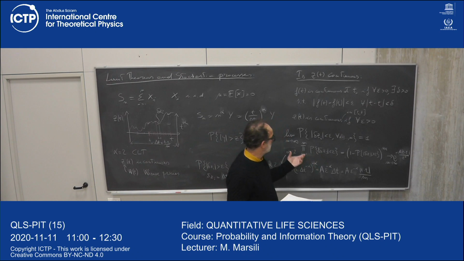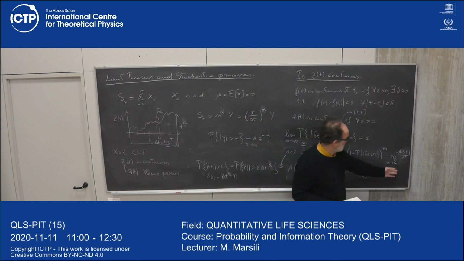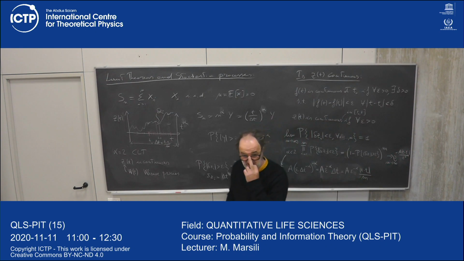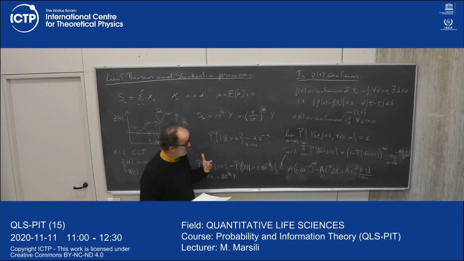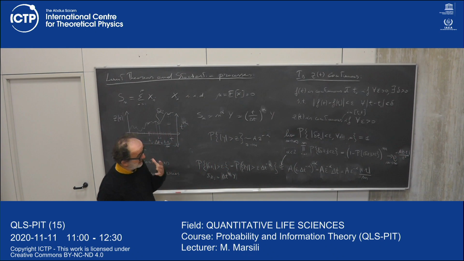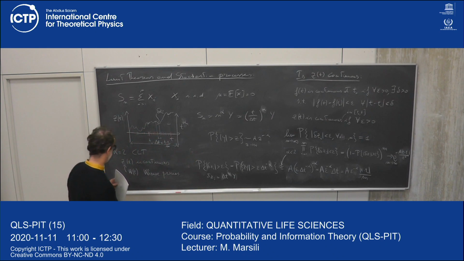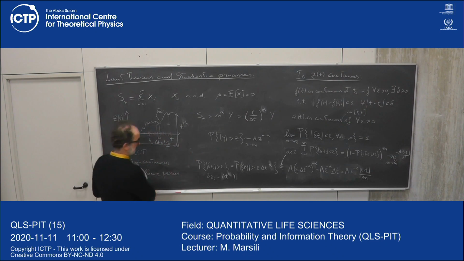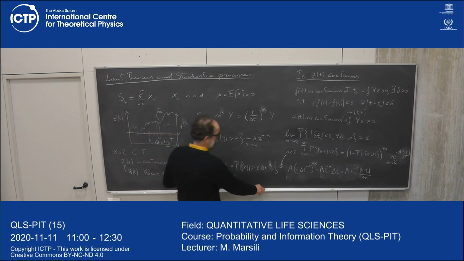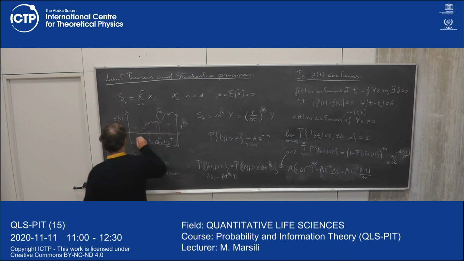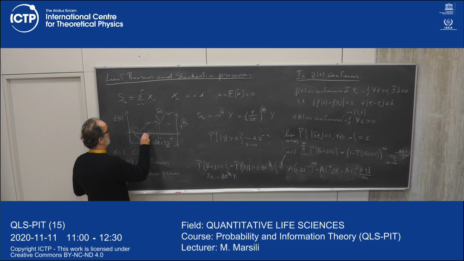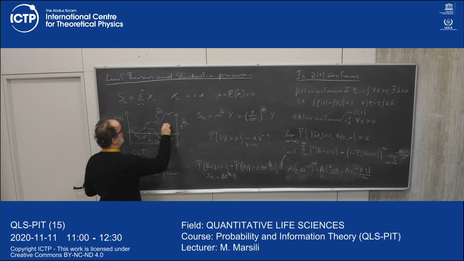So the probability that there are no jumps is equal to the probability that a Poisson random variable with this mean is equal to 0. So this tells you that indeed for alpha less than 2, the trajectories that you will see will have jumps. There is a probability that they will have jumps.